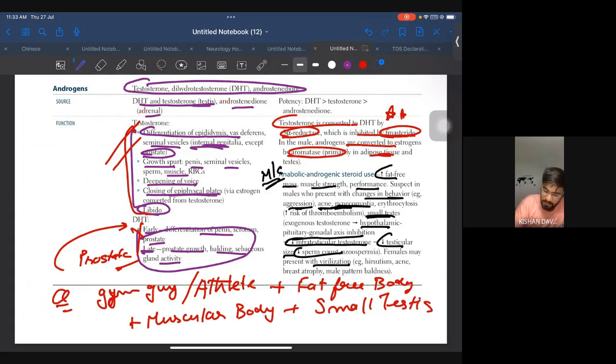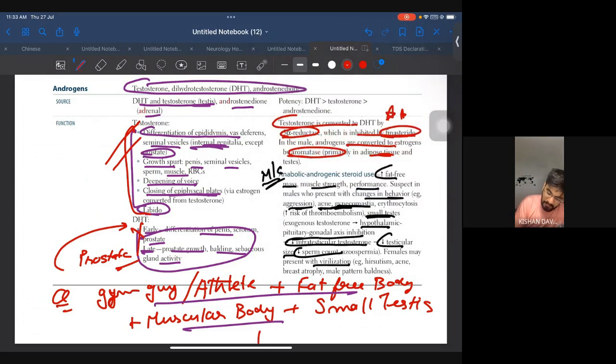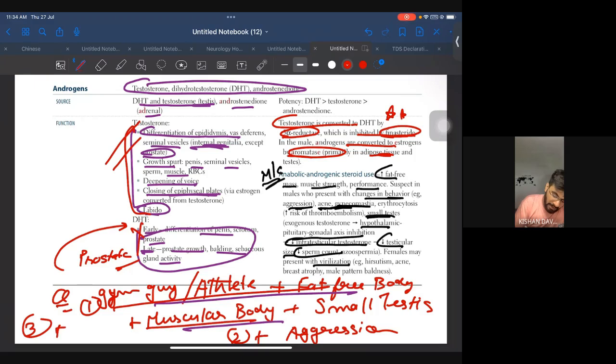Another question will be the same plus aggression. Okay, this is the second question, this is the first question. Coming to the third question, same plus gynecomastia. And in the options, they will give you anabolic steroid use. Okay, so don't get confused.